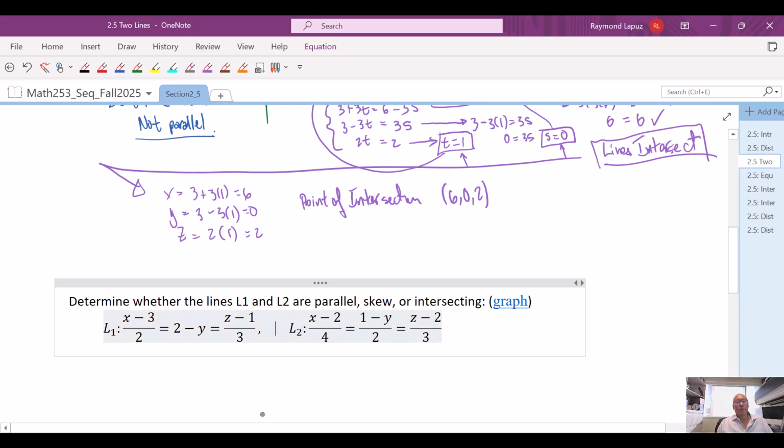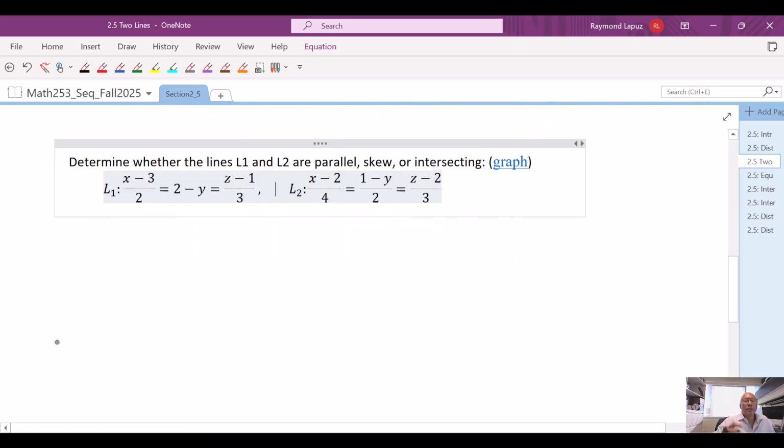We're going to want to extract the point and the direction out of this, or mainly the direction. Basically we want to write this in parametric form so we can find the directions, and then if they're not parallel, we can see if they intersect.